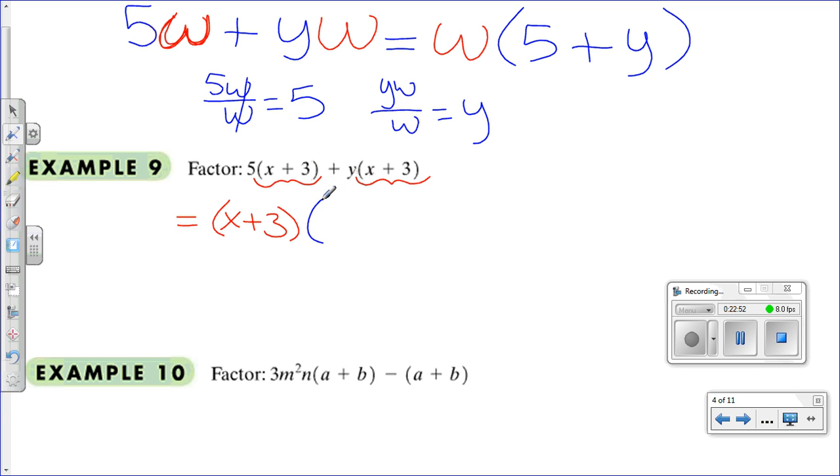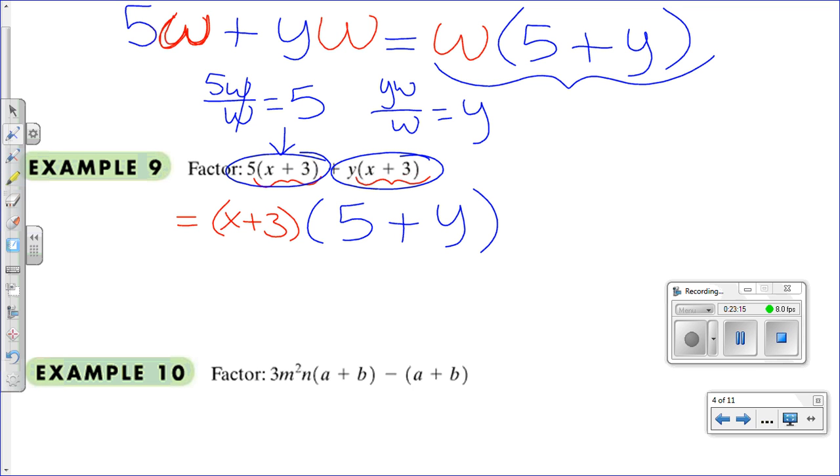And so once I factor that out, what would I get? 5 plus y? Yes, from here I get a 5, and from here I get plus y. Very good, Samantha. So it's very similar to the problem we did here with the W. It just happens that the factor in common here is a binomial.